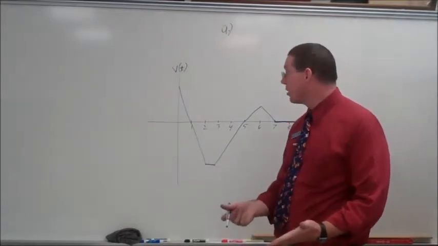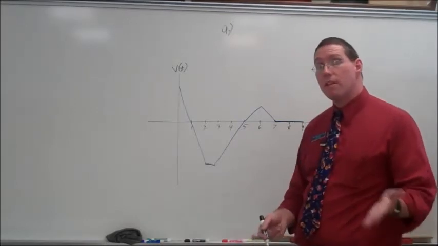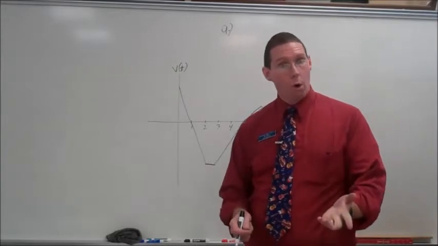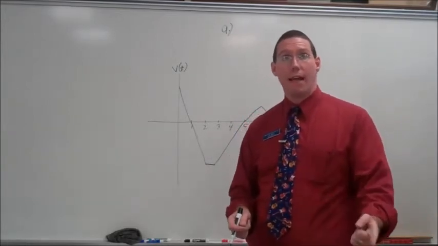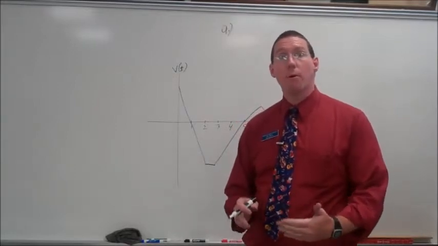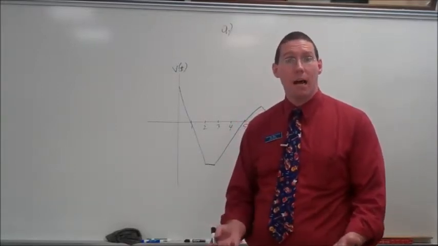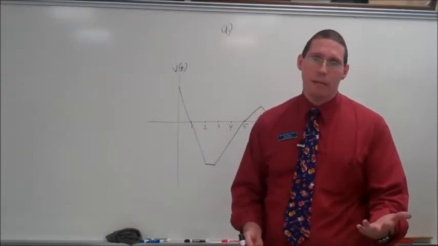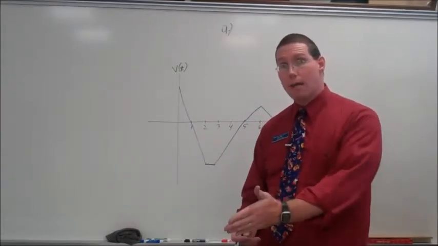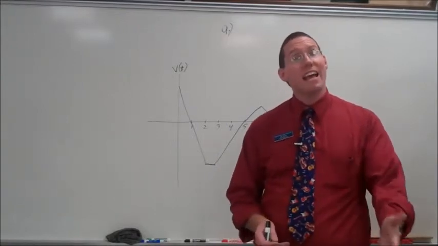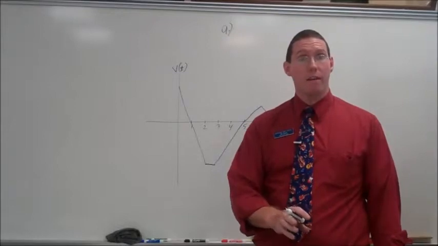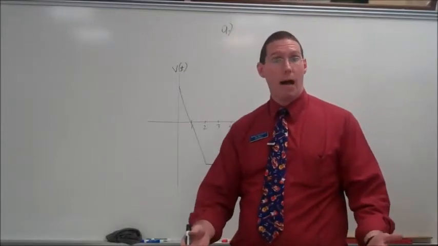So, an object is speeding up whenever velocity is positive and acceleration is positive, or when velocity is negative and acceleration is negative. So if both of them are positive or both of them are negative, it's speeding up. Well, guess what slowing down means? Slowing down means that velocity is positive and acceleration is negative, or velocity is negative and acceleration is positive.